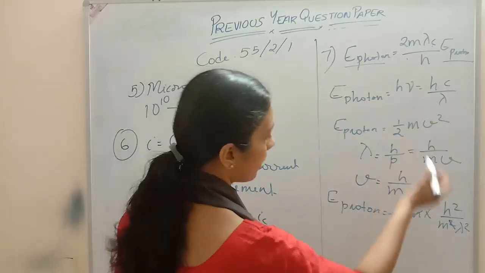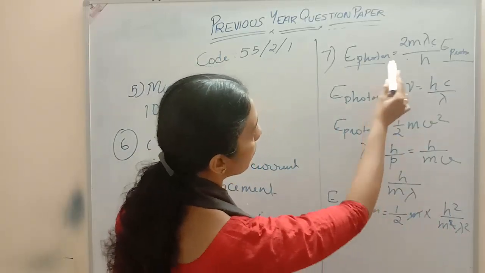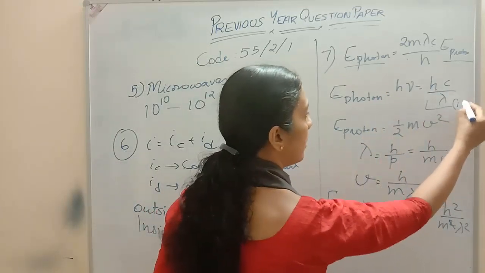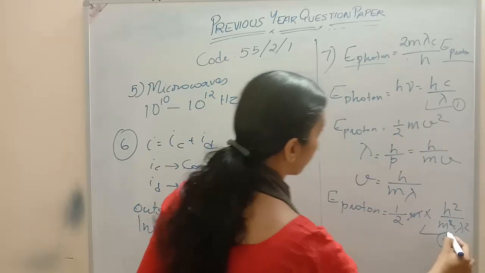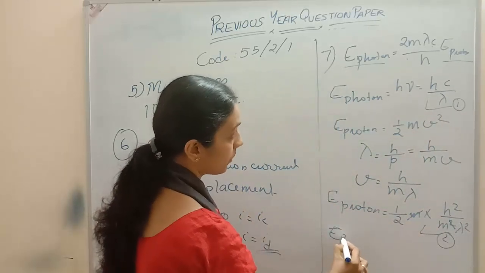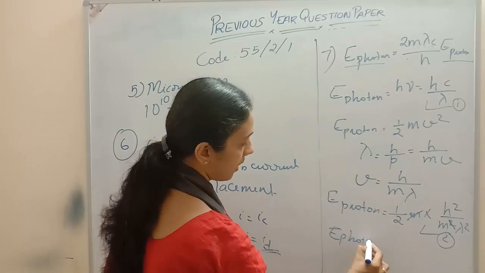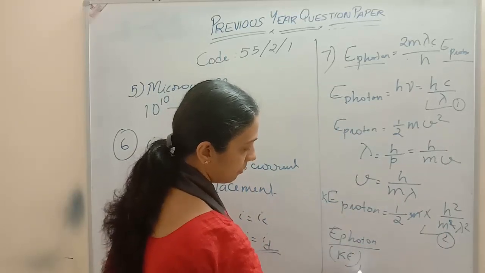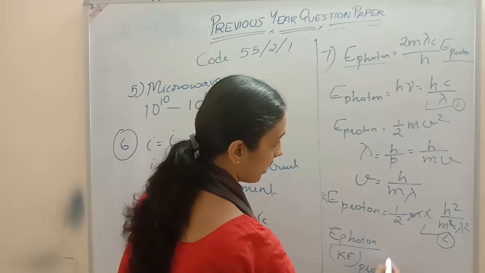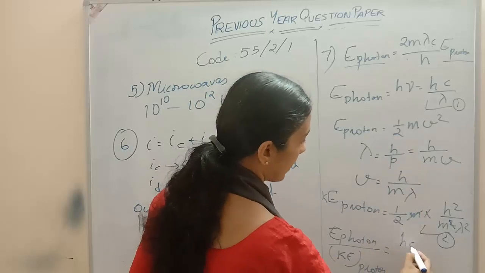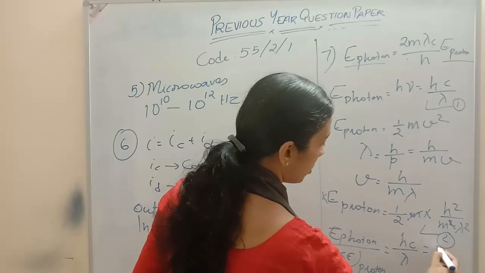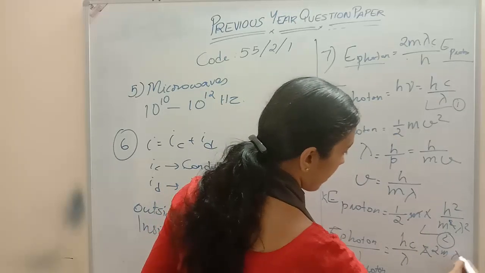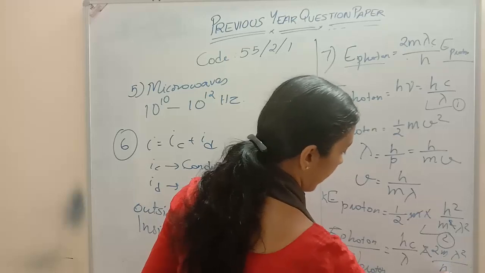Here both are in terms of m, lambda, h and c, right? This is equation 1 and this is equation 2. I can divide E photon by the kinetic energy of the proton. That is equal to hc by lambda into 2m lambda square divided by h square.